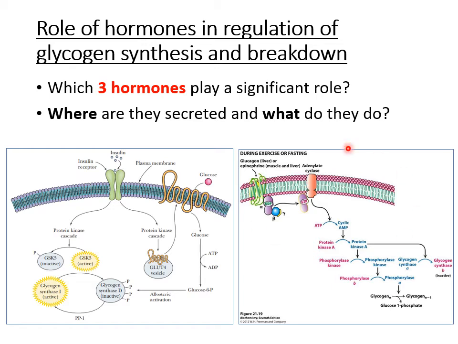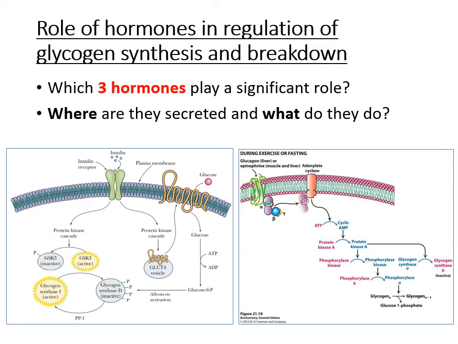And then this figure is to show glucagon and epinephrine, the pathway that they will trigger in order to then break down glycogen into glucose. Okay, so that kind of shows you the two sides of the story and what happens.